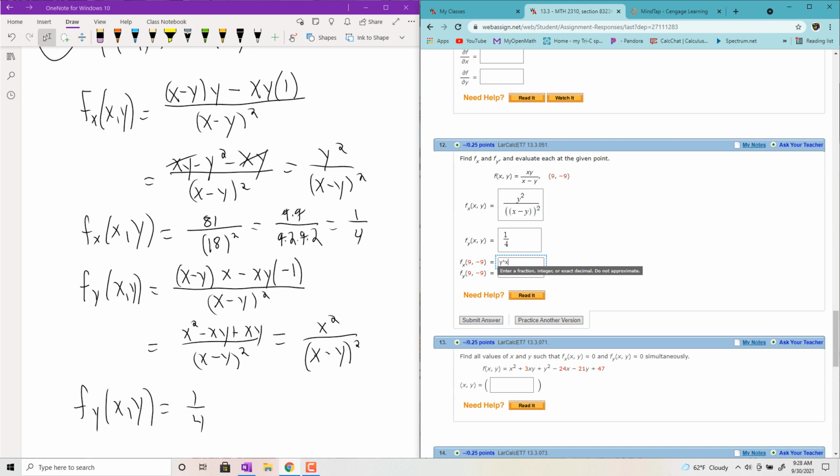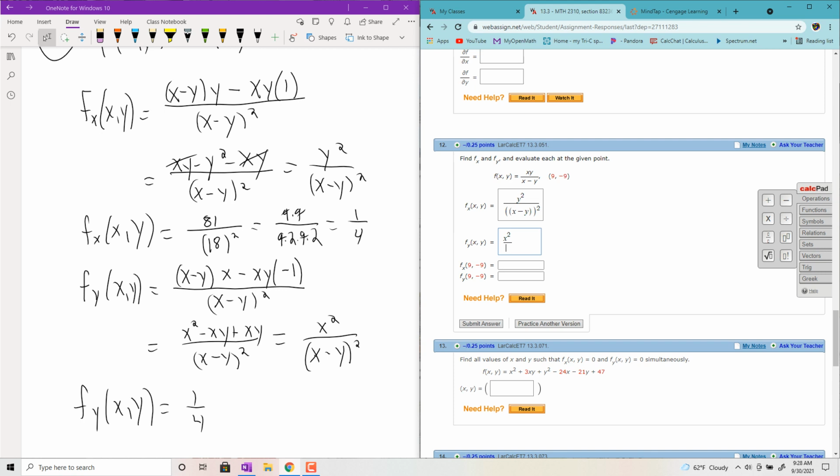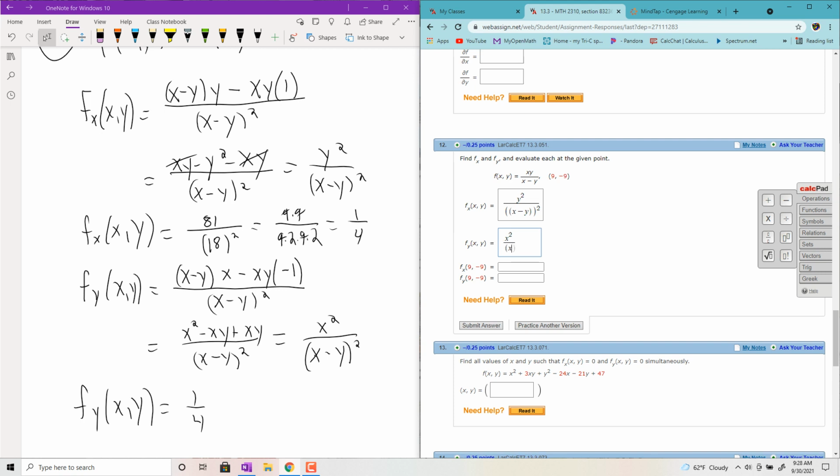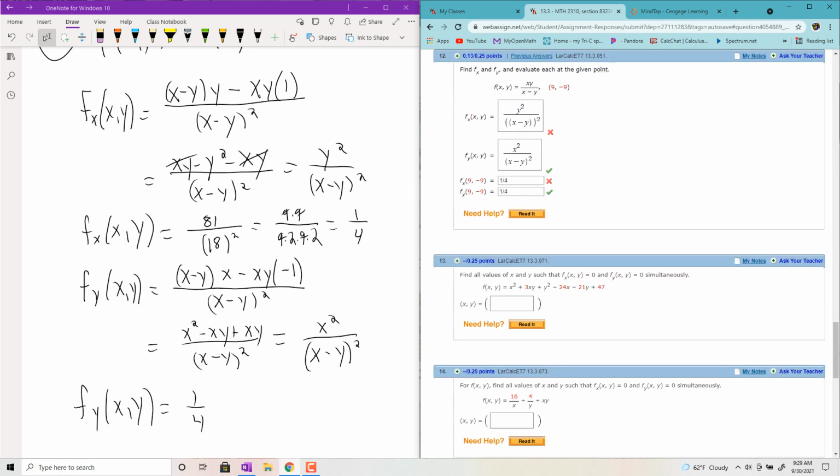Oops, x. Okay, whatever. The answer is 1/4, but the software doesn't accept it. Maybe it doesn't like the parentheses.